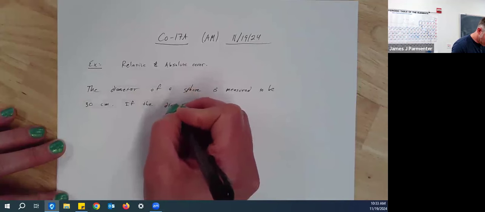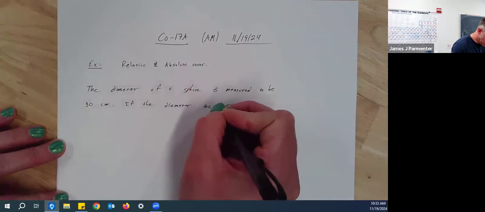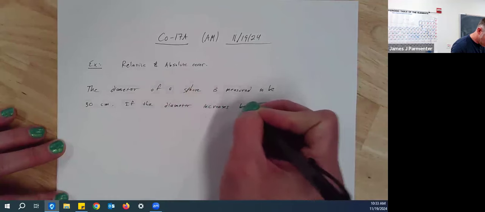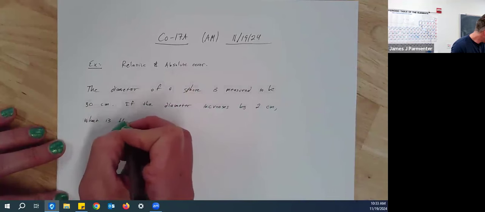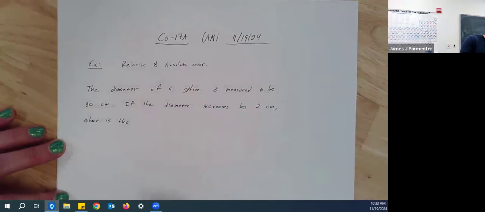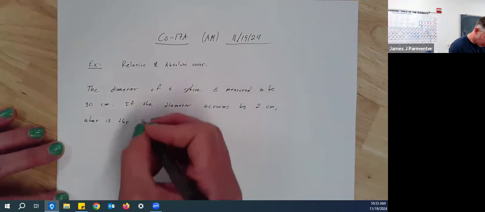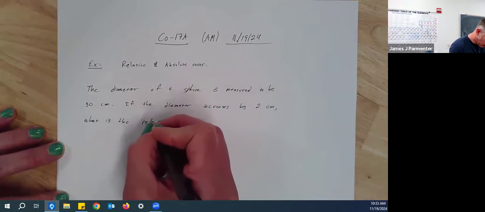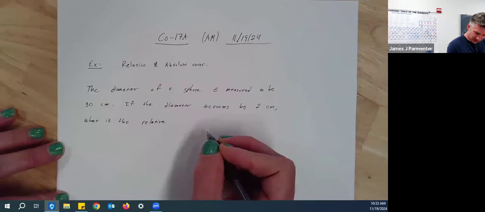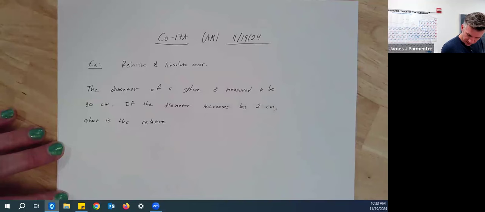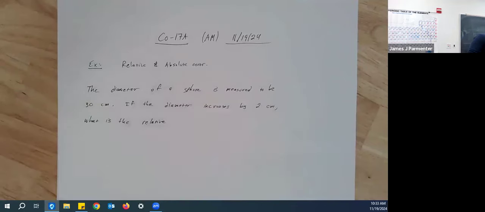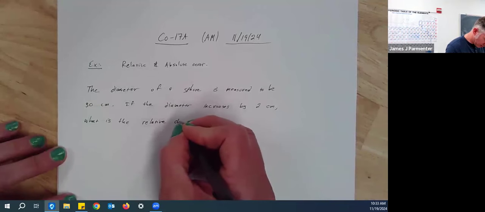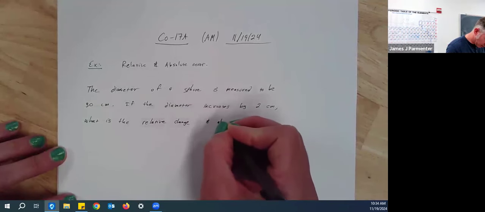If the diameter increases by 2 centimeters, what is the relative change and the absolute change in volume? I don't love the wording here, but that's the idea.